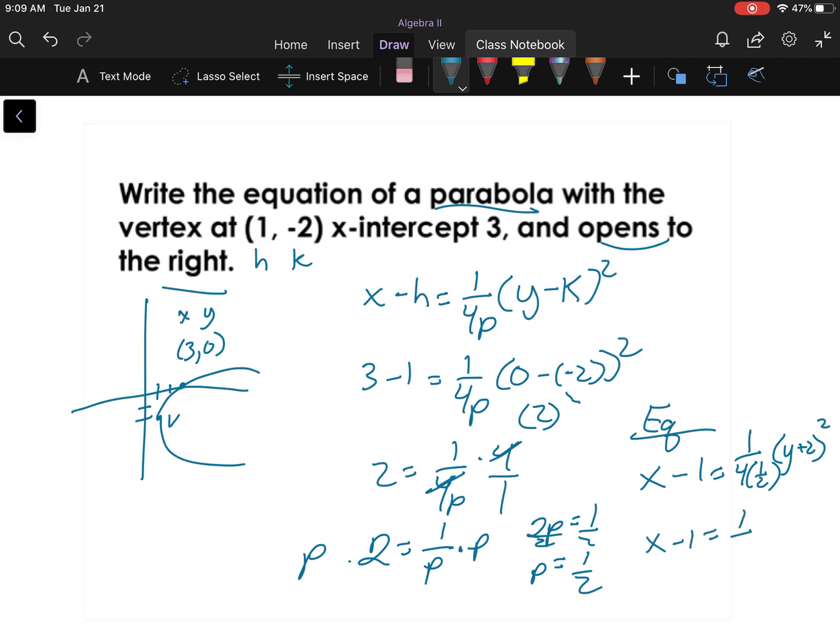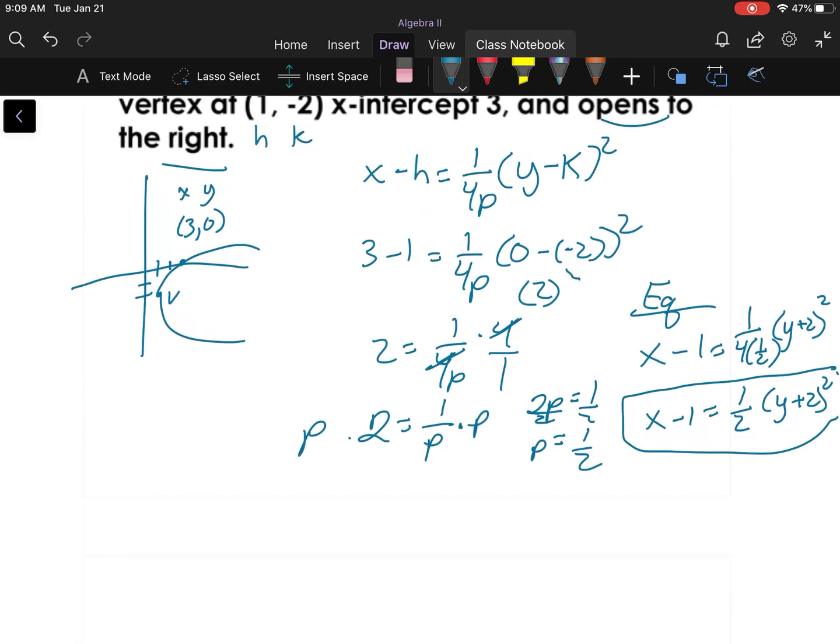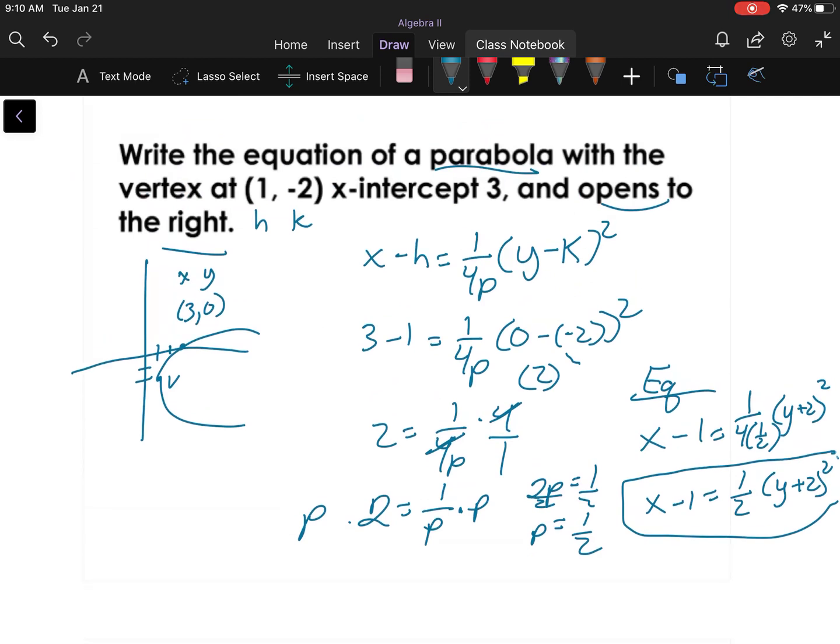So x minus 1 equals 1/2 times y plus 2 squared. And there you go. Hopefully we'll talk about those a little bit more in class and work on those a little bit too. But this is how you translate a circle and parabola.